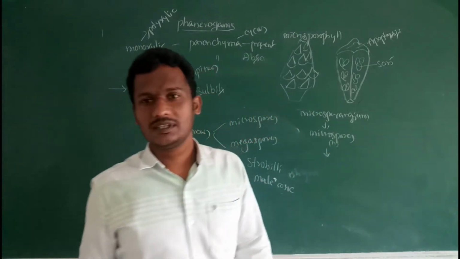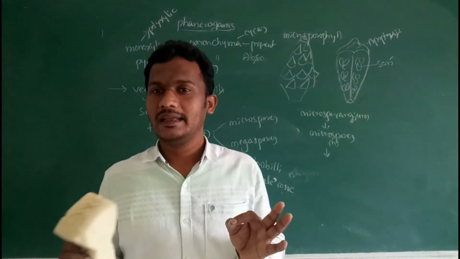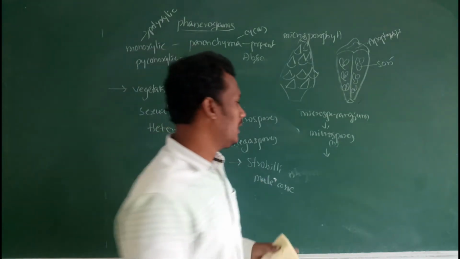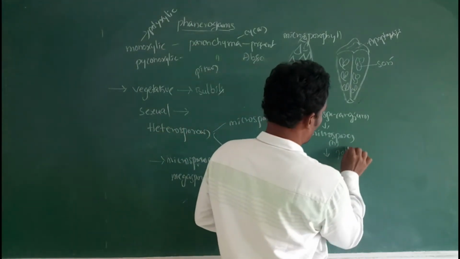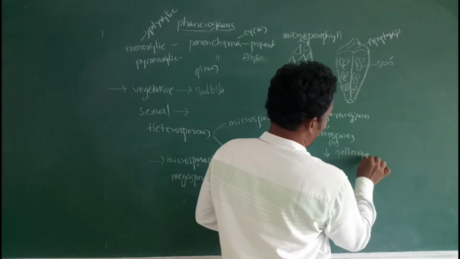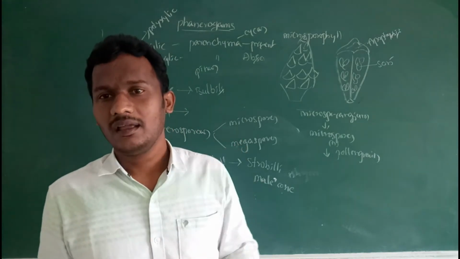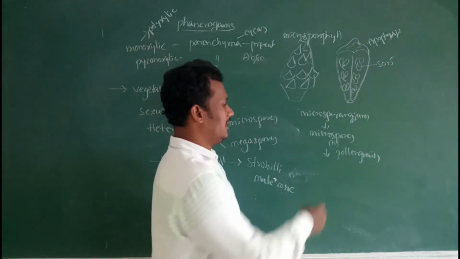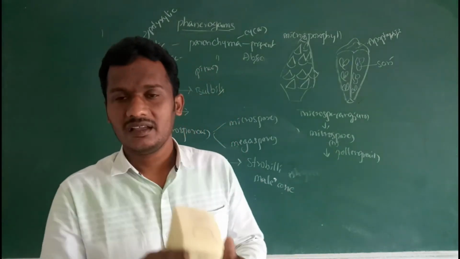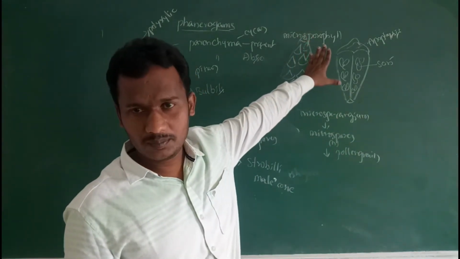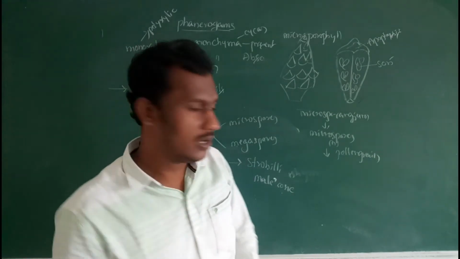Microspores are the first cell of the male gametophyte. These microspores are nothing but pollen grains. Then these pollen grains are shed and released from the microsporangium, microsporophyll and male cone.